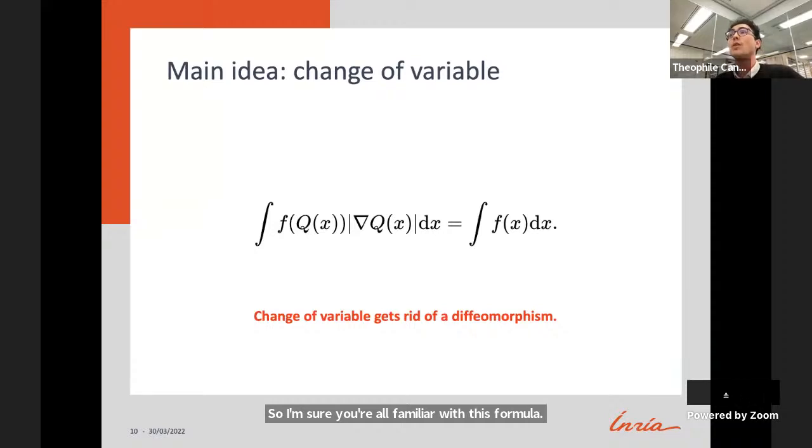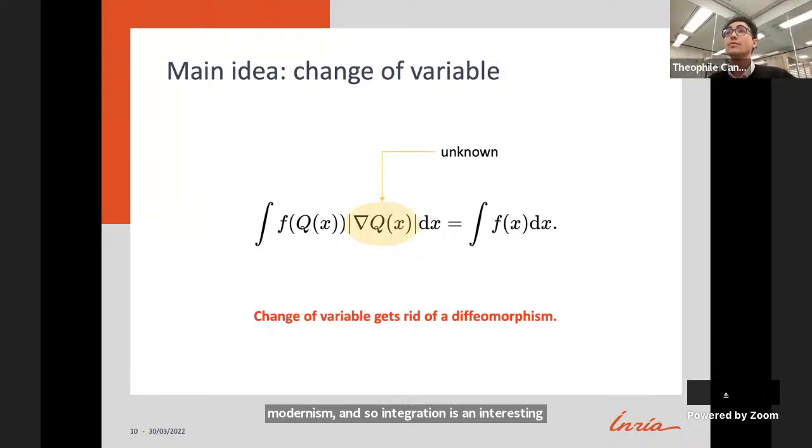If we know the transformation Q that transforms f into another function g, so if g is f composed with Q, then integrating allows us to get the same value if we add the Jacobian term, the absolute value of the determinant of the Jacobian matrix of Q. So the change of variable gets rid of the diffeomorphism. And so integration is an interesting direction to go down.